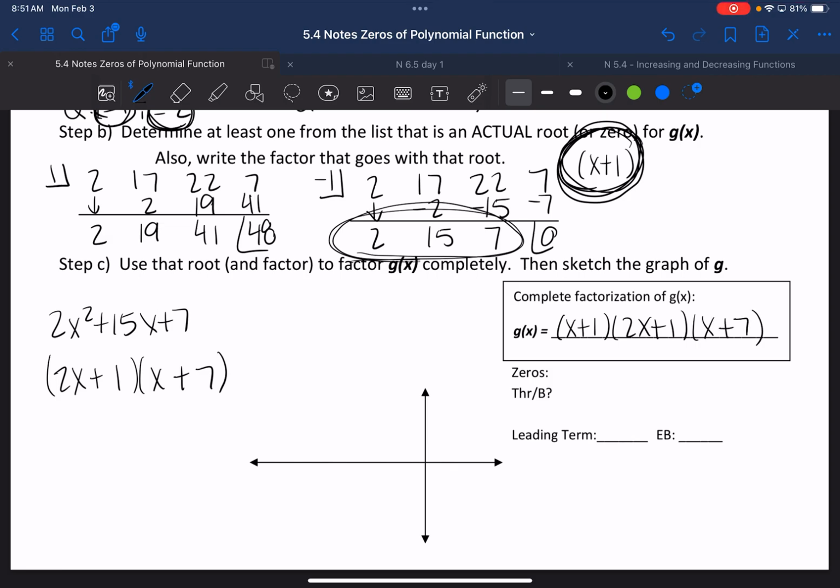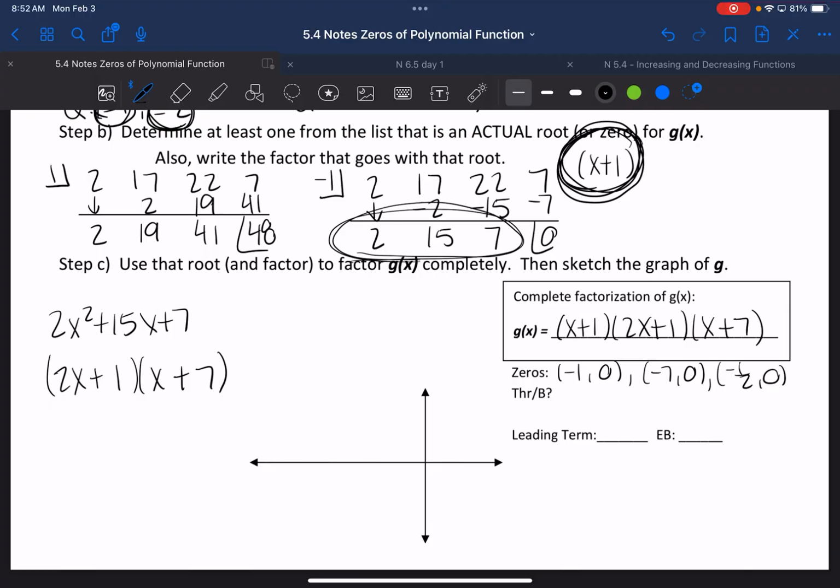All right, so what do you guys think? Where would we end up having zeros if I were to go and plot these on the graph? -1, -7, and -1/2. Good. All right.